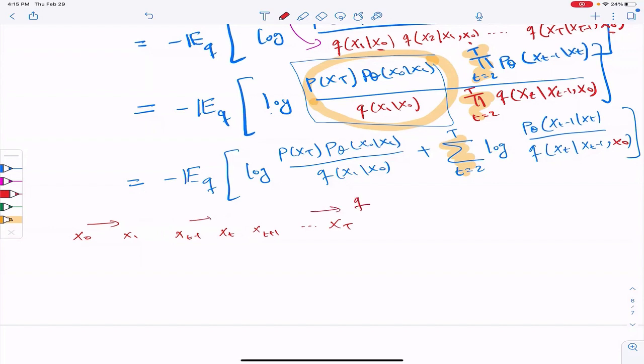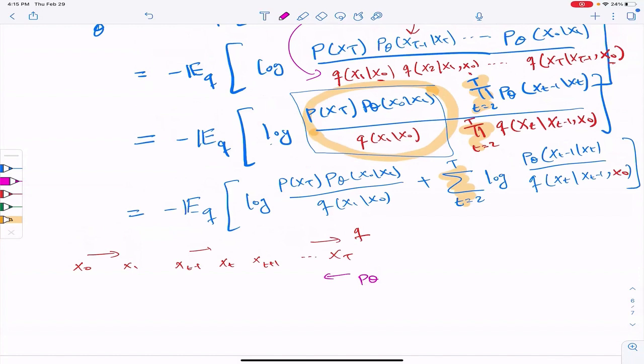It is natural to break down the joint distribution of Q into x1 given x0, and so on and so forth. And P theta runs from the other direction. And I want to match these two joint distributions. That's the goal in my optimization.